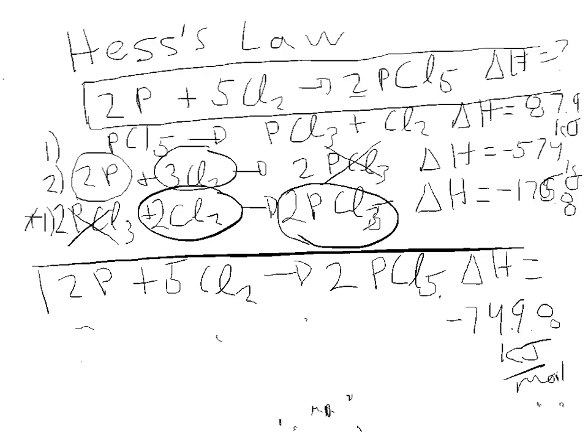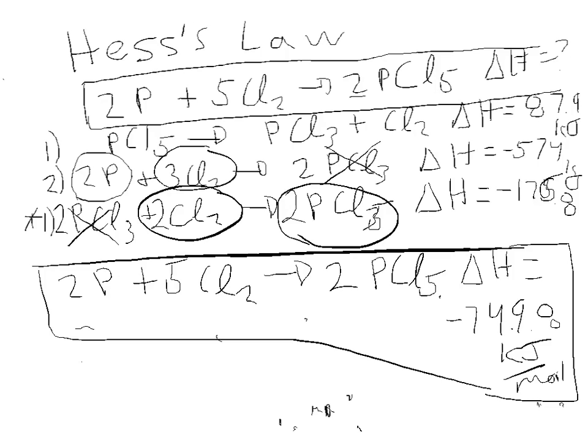So we now know if we were to perform this chemical reaction, in which 2 moles of phosphorus and 5 moles of chlorine react to make 2 moles of PCl5, we would get 749.8 kilojoules of energy released from that reaction.